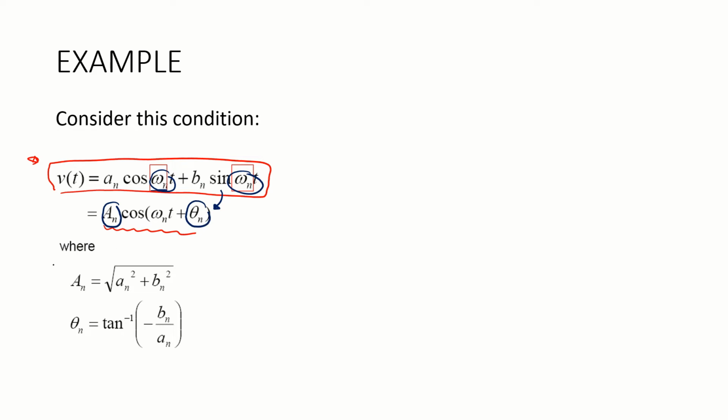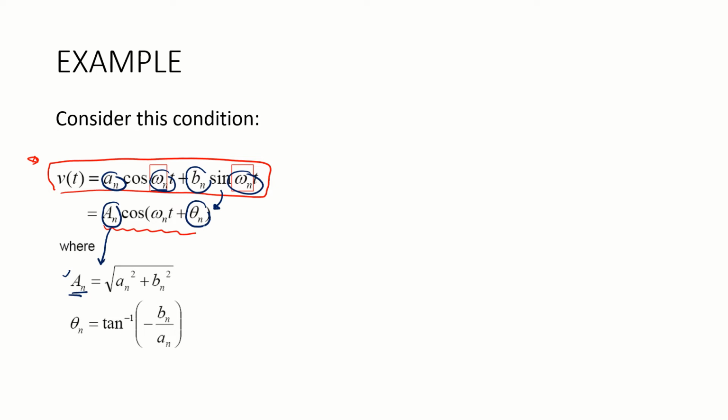The value of an is the square root of the amplitude of the cos squared plus the amplitude of the sine squared. This is how you decide the amplitude for these terms.